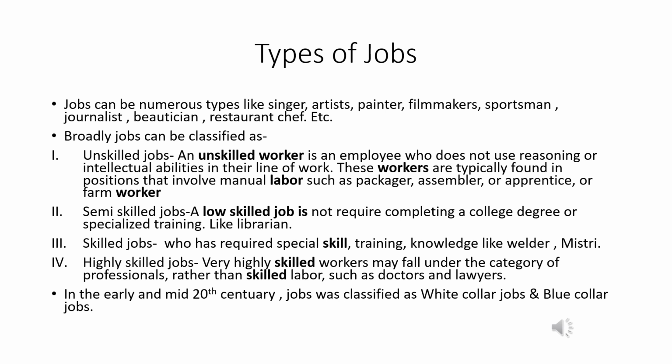Examples are doctors, lawyers. They take specific degrees. In the early and mid 20th century, jobs were classified as white collar jobs and blue collar jobs. You have to understand what is white collar job and what is blue collar job. That is going to be taken care of in the next slide.